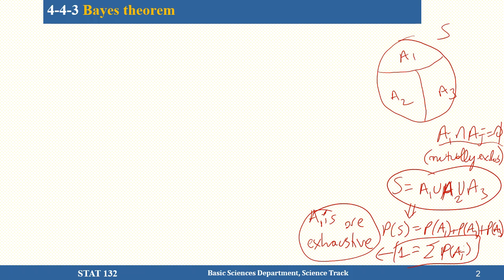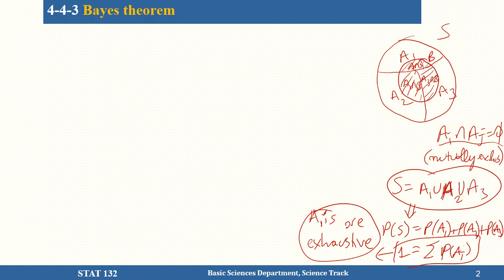Now, let's take an event. Let's say this is our event B here. As you see, it has an intersection with A1, with A2, and with A3. So you can say this is A1 intersection B, A2 intersection B, and A3 intersection B.